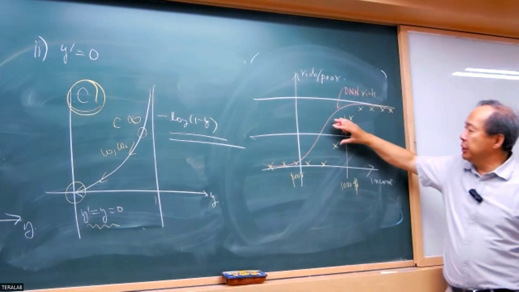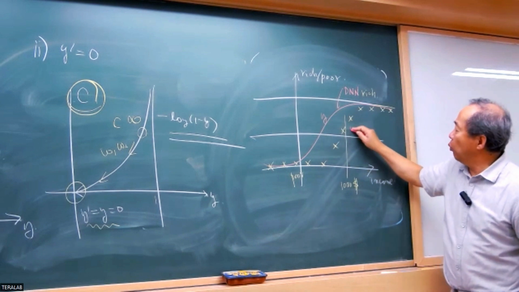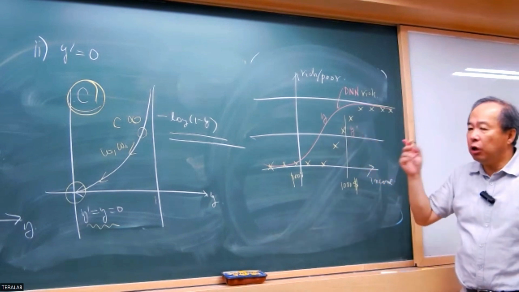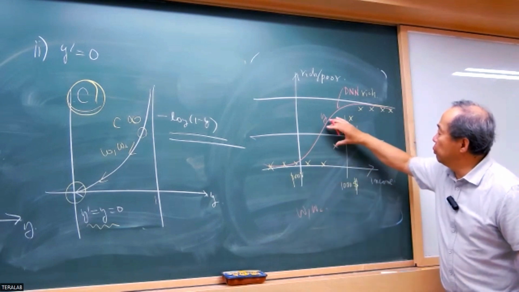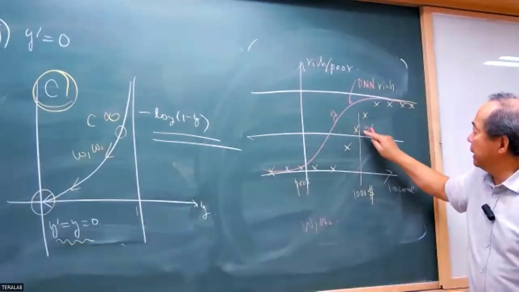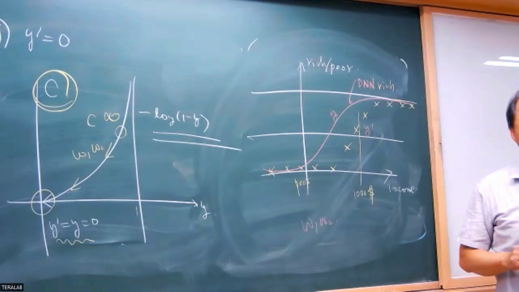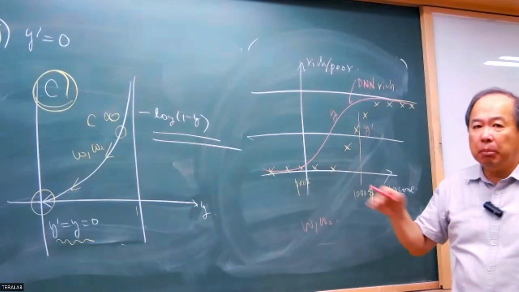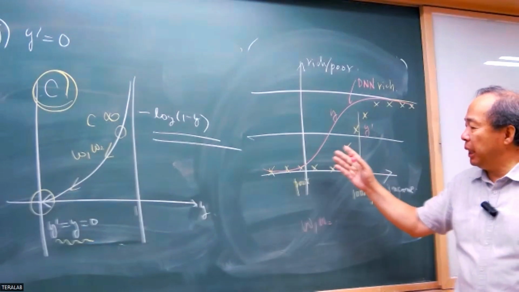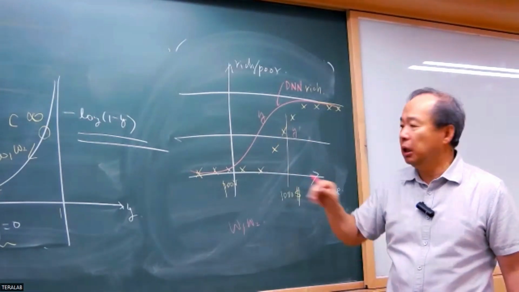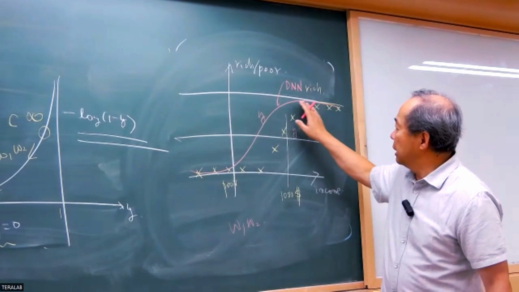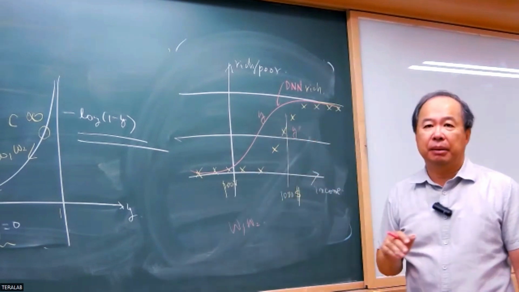There are some separations between y and y dash. You have to adjust W1 and W2 to match y and y dash. Mathematically, you can change the bias or slope of your sigmoid function to match this red line to the real data.